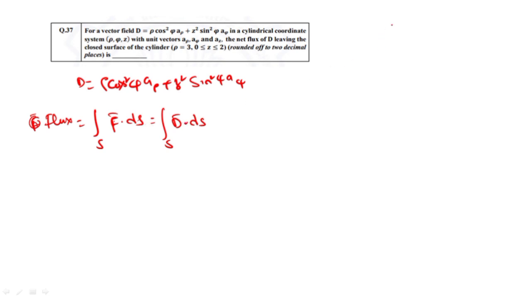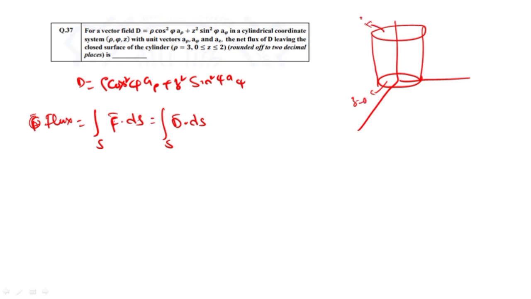The given region is a cylinder along the z axis. This is z equal to 0 and this is z equal to 2, and this outer part is rho equal to 3. Given that z is 0 to 2, so that's why z equal to constant.